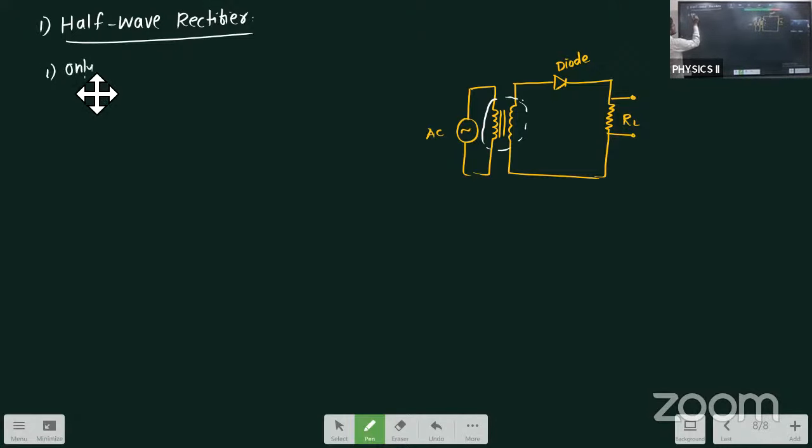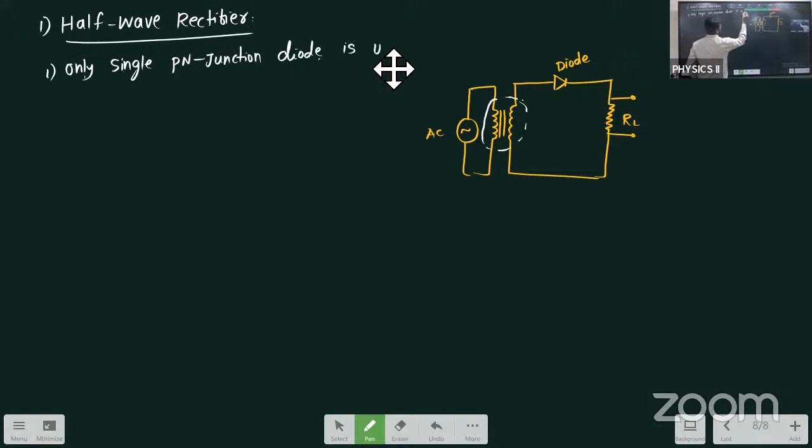Only a single PN junction diode is used in a half wave rectifier. What is the first point you are supposed to write? Only one PN junction diode is used in a half wave rectifier.